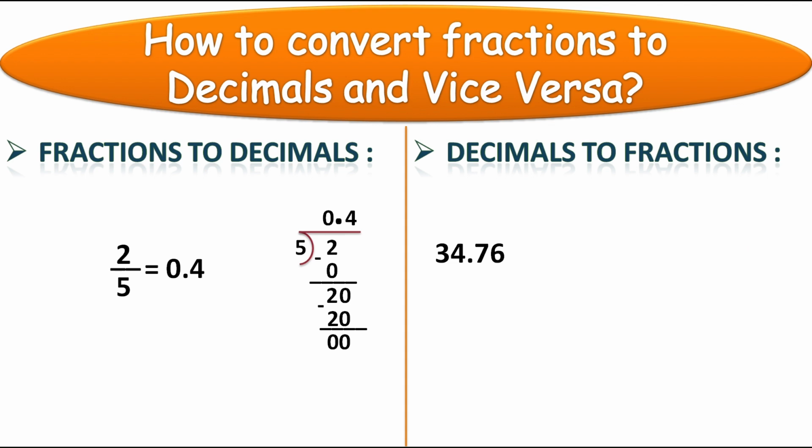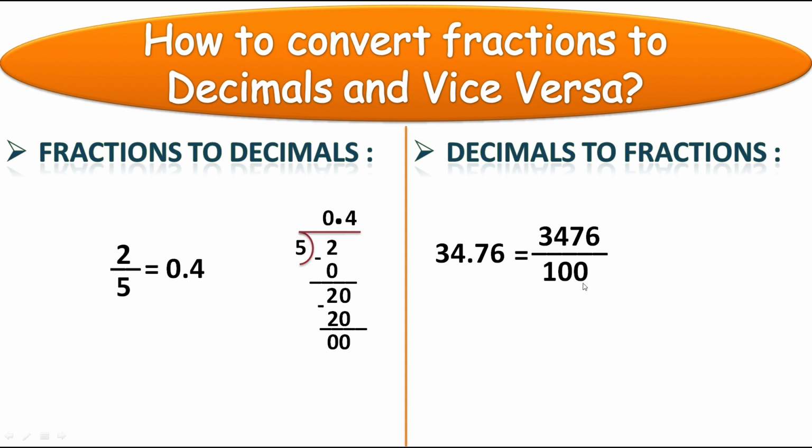Then what happens? 3476. Now as we have removed the decimal point, we have to write 100 in the place of the denominator. Why 100? Why not 1000? Why not 10? Because we have 2 digits after the decimal point. Therefore we write 100 here.